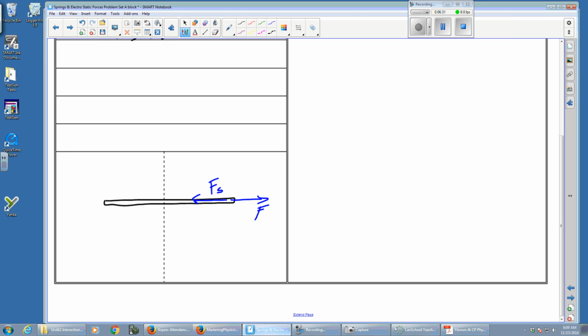Tension. So this is a force of tension. And then it changed its length x. And I probably would make it so that this end was attached to a wall. So I think that shows good understanding also, but you need to realize that it's acting like a spring.